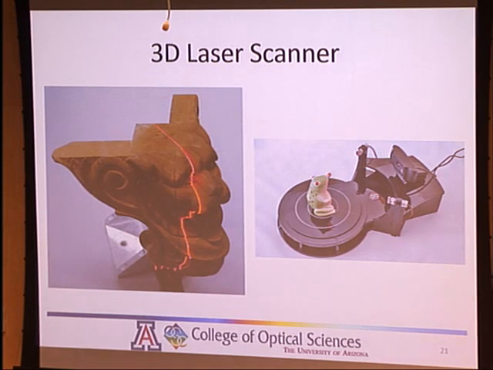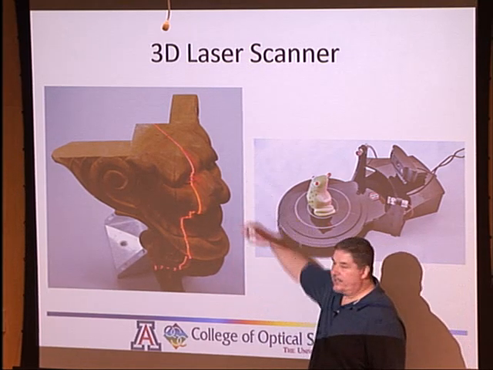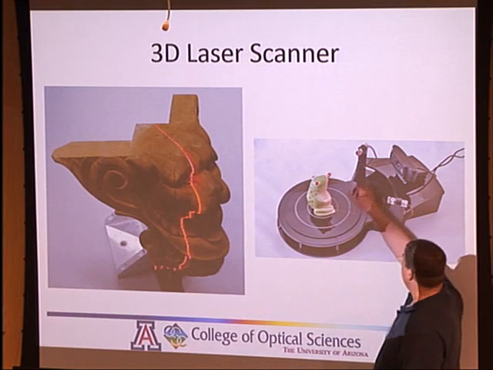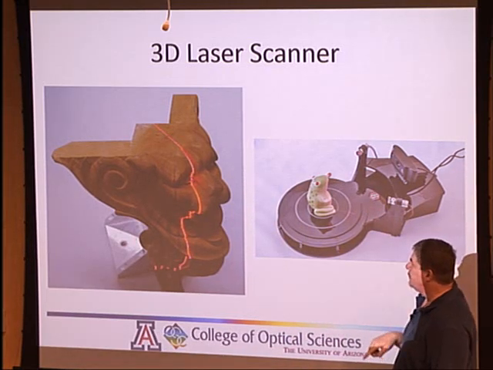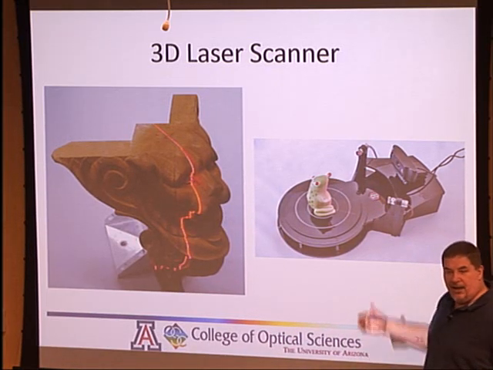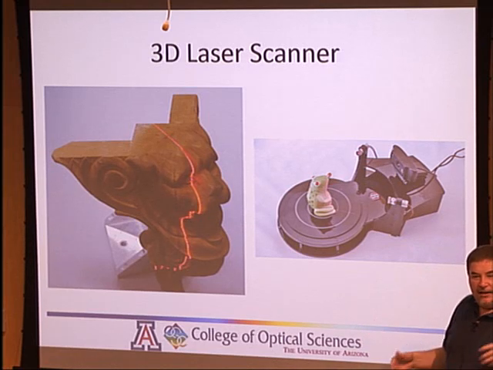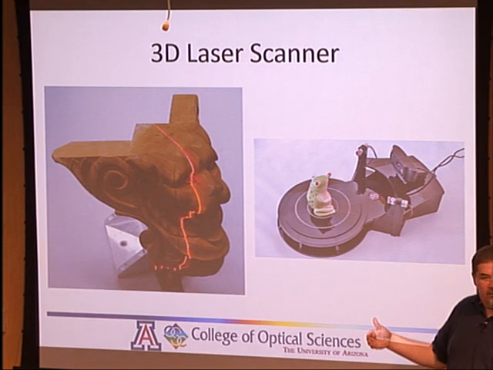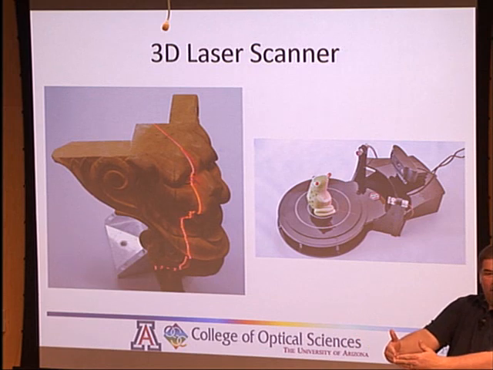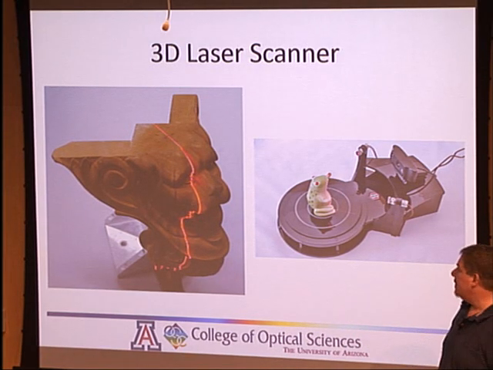So we can do things like 3D laser scanning. Here you're projecting a line onto a surface and then looking at that surface from a different angle. Basically you can triangulate: if you know where the source is and you know where the camera is, you can figure out where in space those two things must meet, and it gives you a 3D map of the surface.